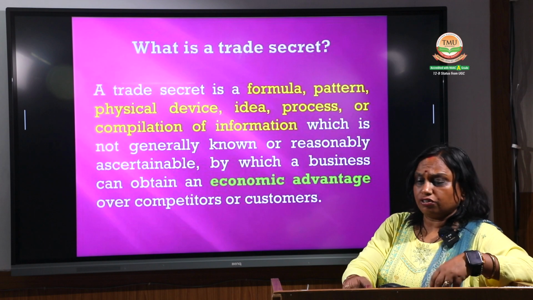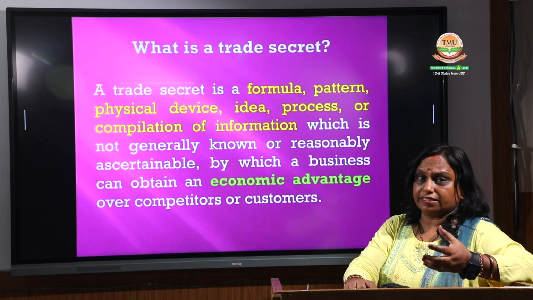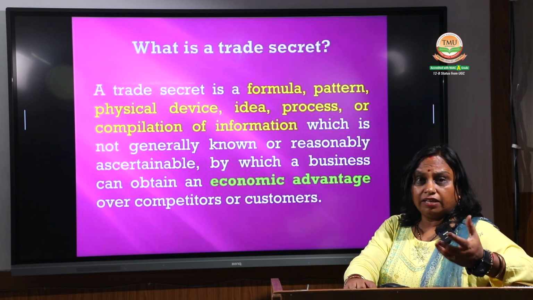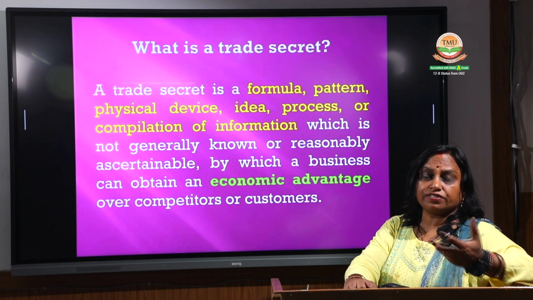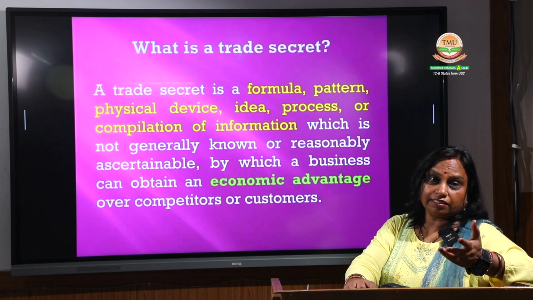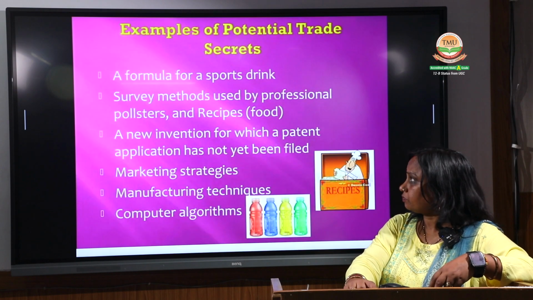So all these constitute the trade secret, and all these things are considered as the economic element, or it gives the economic advantage over the competitors and the customers to that particular trade or business.